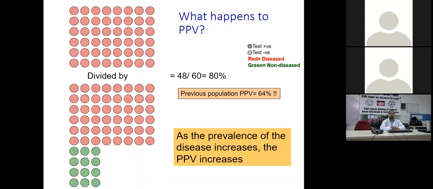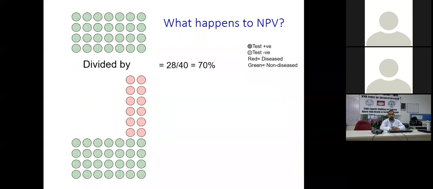So what do we conclude from that? We conclude that as the prevalence of the disease increases, the positive predictive value also increases. So the positive predictive value is not constant. It depends upon the prevalence of the disease in that population, assuming that the sensitivity and specificity remain the same across populations. What happens to negative predictive value?